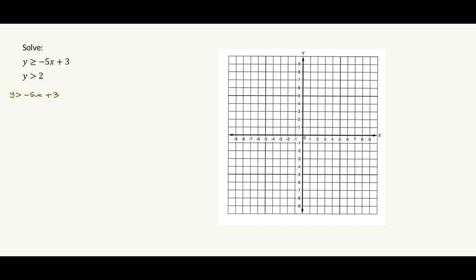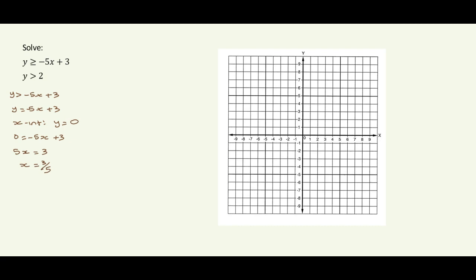So we start by assuming that y equals negative 5x plus 3, and we look for the x-intercept, which means y equals 0. So 0 equals negative 5x plus 3, so 5x equals 3, x equals 3 over 5.